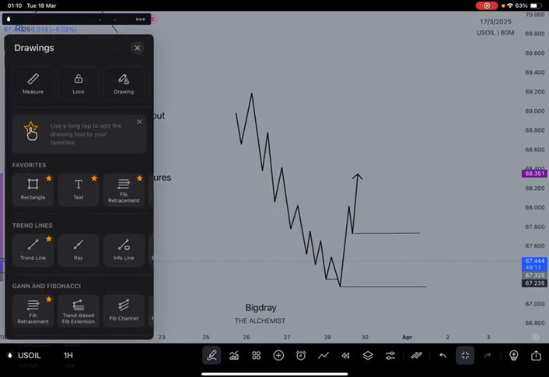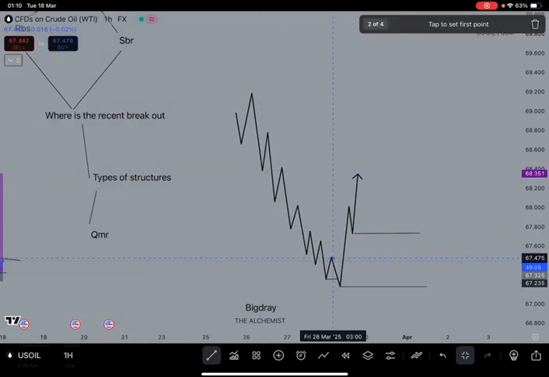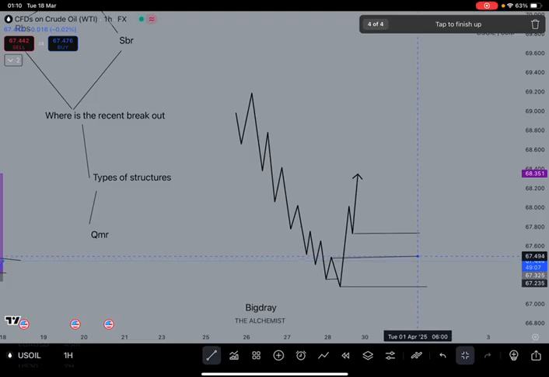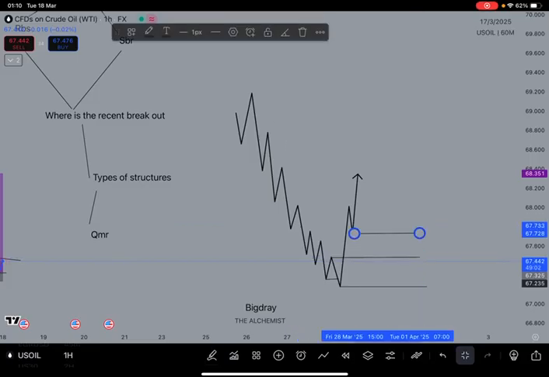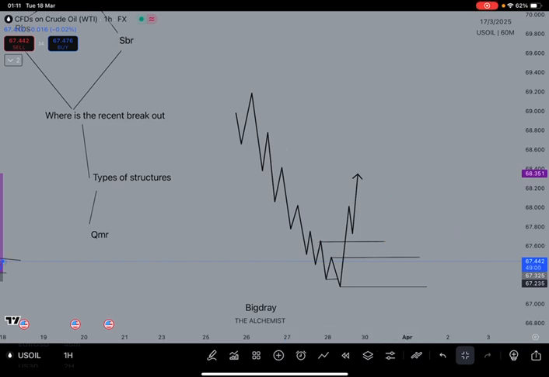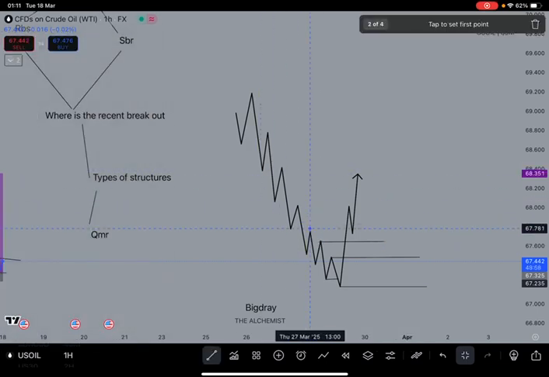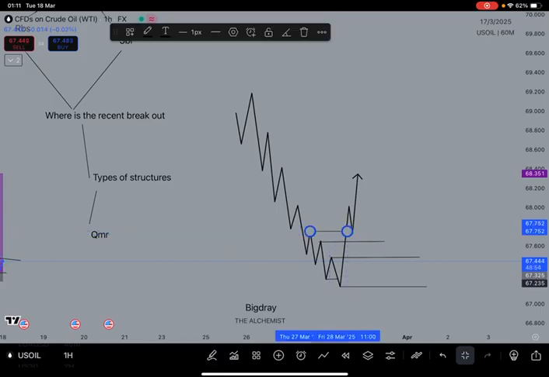Firstly, there's a change of character here. The first breaking is the market structure shift. This is a break of structure. This also is a break of structure. You can see the market came directly to this place and continued.